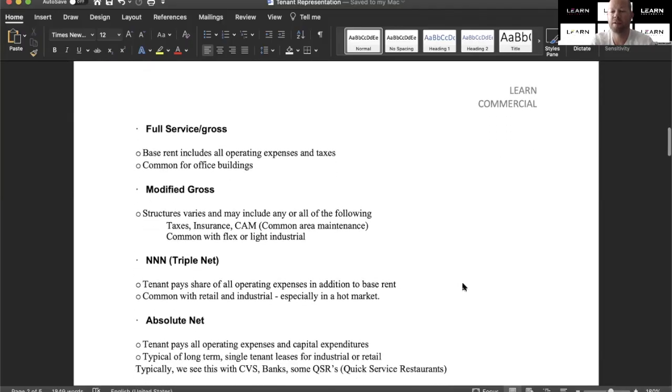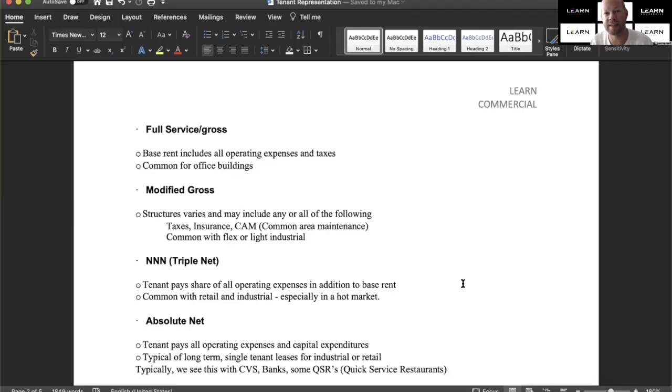Let's see, absolute net lease. Now, a lot of people love the absolute net lease because it truly is mailbox money, unless the tenant goes bankrupt, because they are responsible for everything. Now, on a normal lease where you have a triple net lease, the owner is still required to maintain $2 million in insurance or whatever it is for that property. They're still responsible for the bricks and the sticks, the majority of the structure, right?